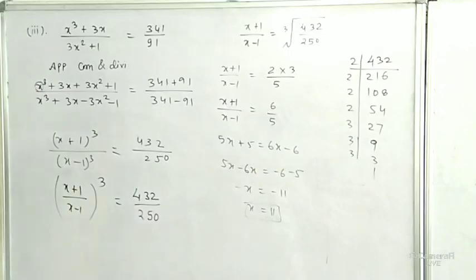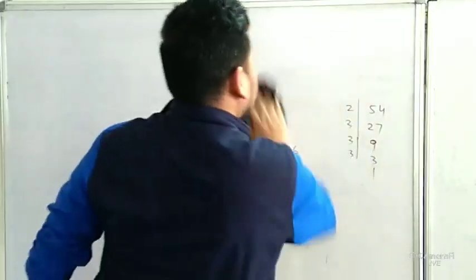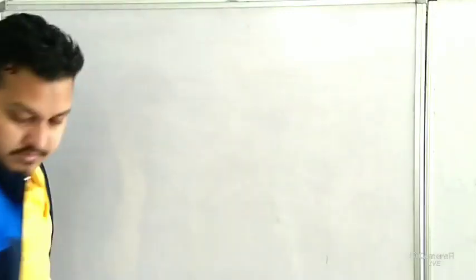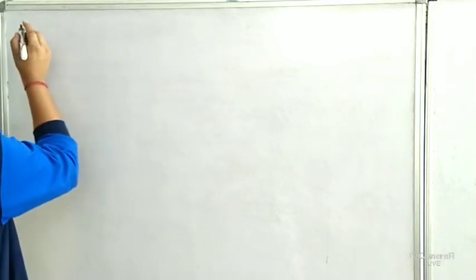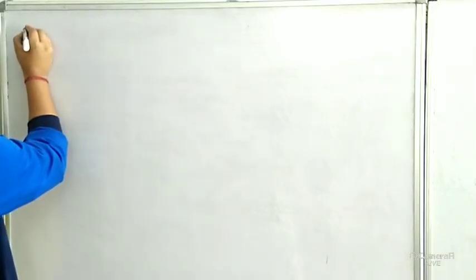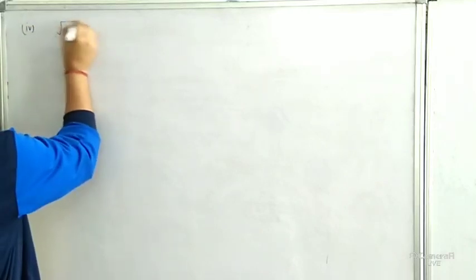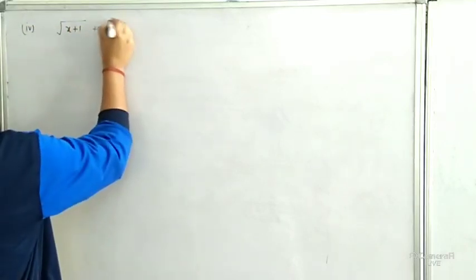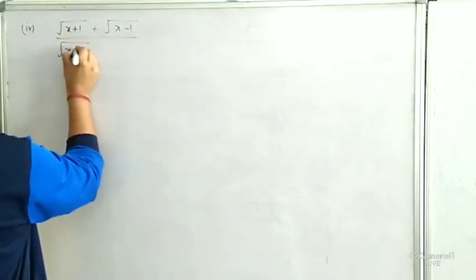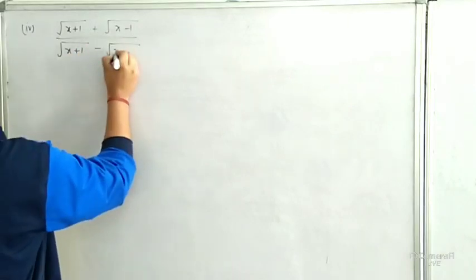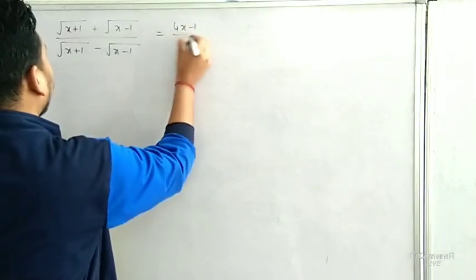एक और देख लो, question number 4 part. Okay, question number 4: root x plus 1 plus root x minus 1 upon root x plus 1 minus root x minus 1 is equal to 4x minus 1 upon 2.